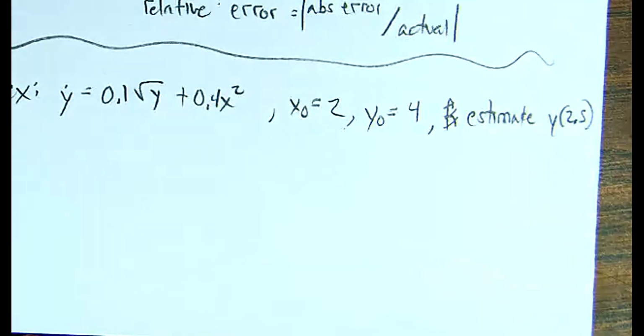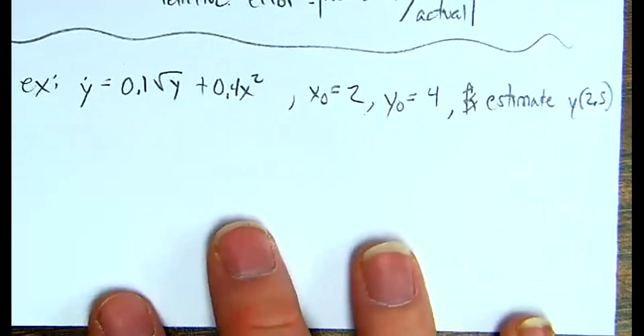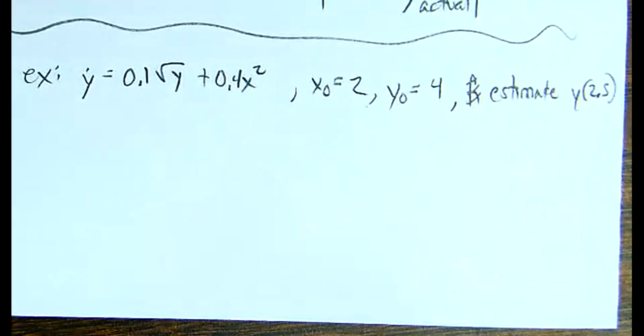But as we've seen, the larger your step size, the larger your error. So that means we need to try to find a step size which is a good middle ground between heavy computation and minimizing error.